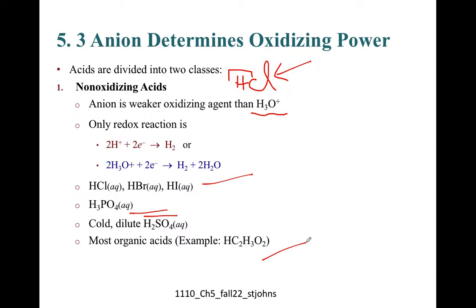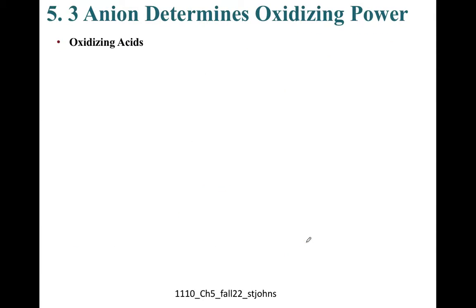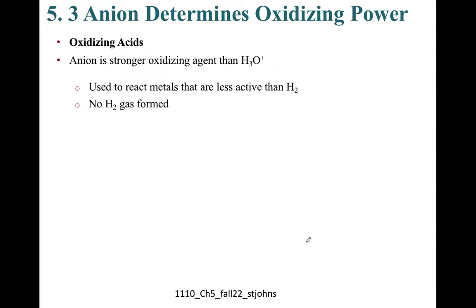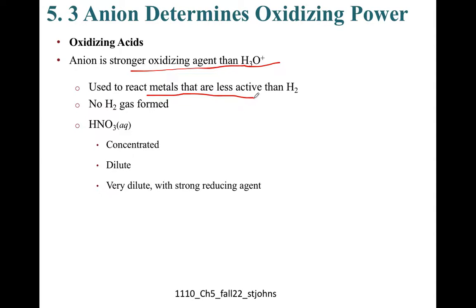Now let's consider oxidizing acids. Oxidizing acids are those whose anion is a stronger oxidizing agent than hydrogen ion or hydronium ion, used to react with metals that are less active than hydrogen gas, and in that case no hydrogen gas forms.